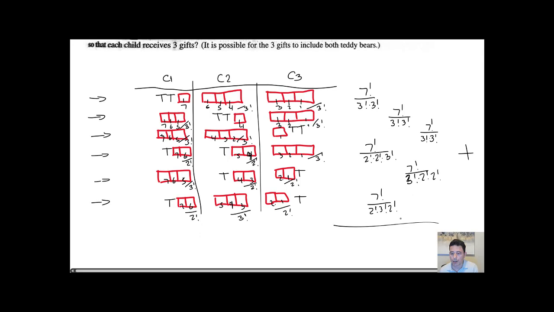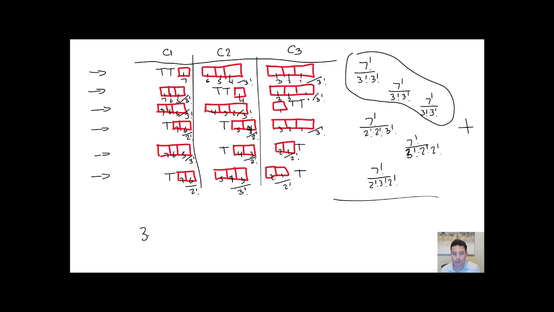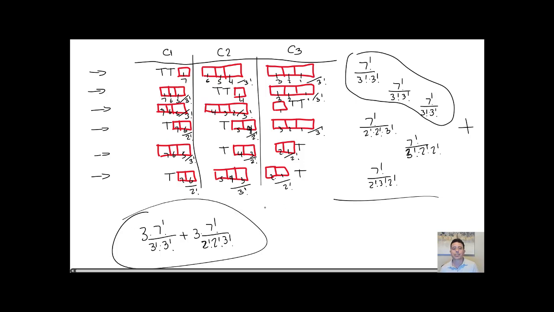Now when I add this up, notice that I have 3 of the same thing. So this would be 3 times that. And I have 3 of these here. So that's the answer.